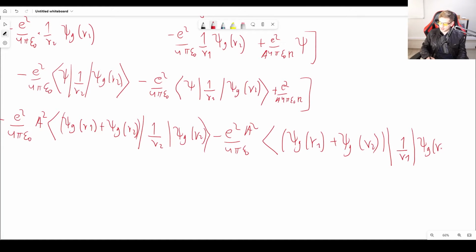This time, oh sorry, last time it was r1, not r2. That was my bad writing. Sorry. r2. Okay, and there's no parentheses anymore.